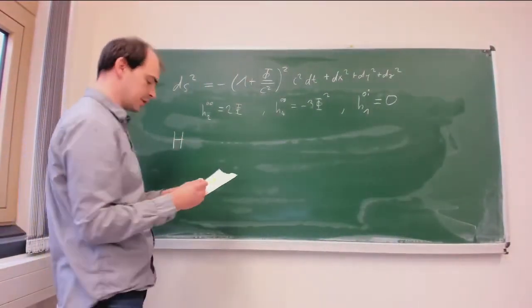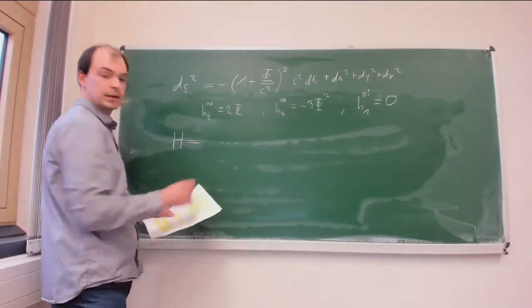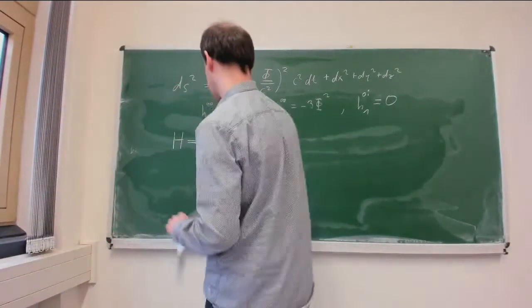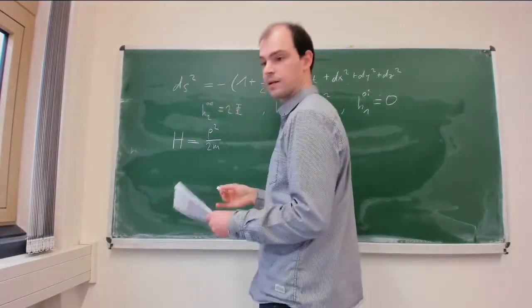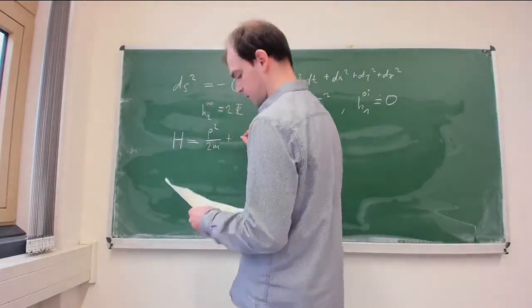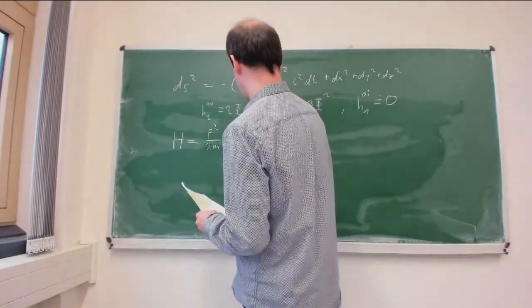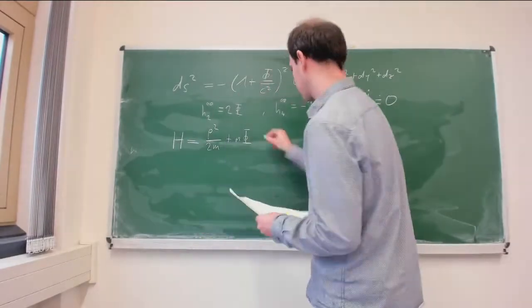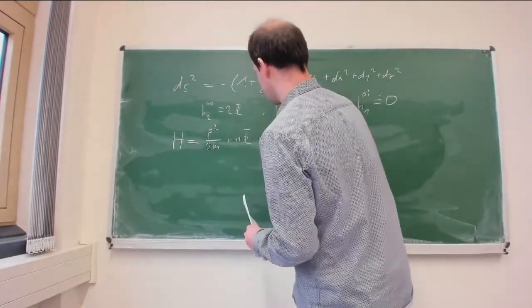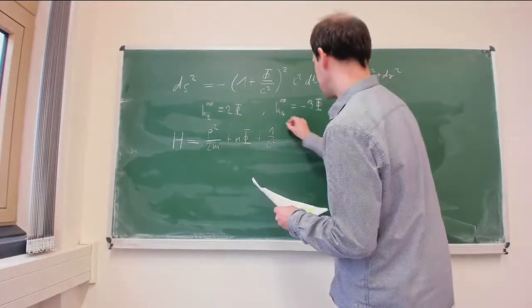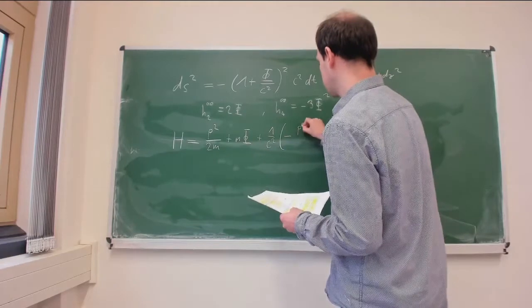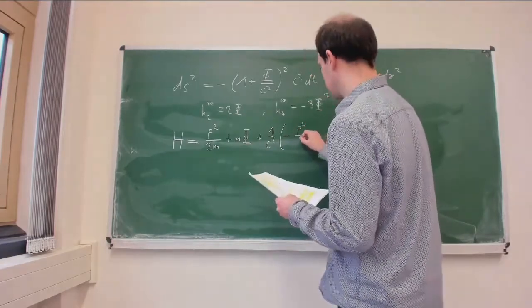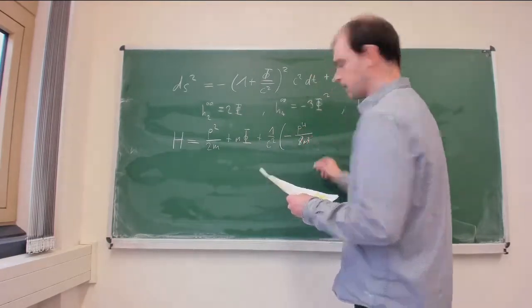The Hamiltonian that goes with the Winkler metric is the following. Again, it's exactly the same at non-relativistic order, plus 1 over c squared, and again we find the special relativistic correction term, p^4 divided by 8m^3.